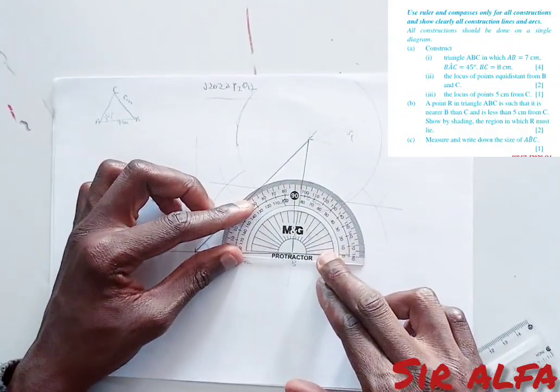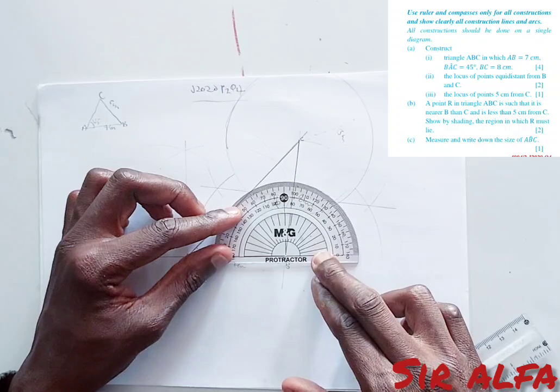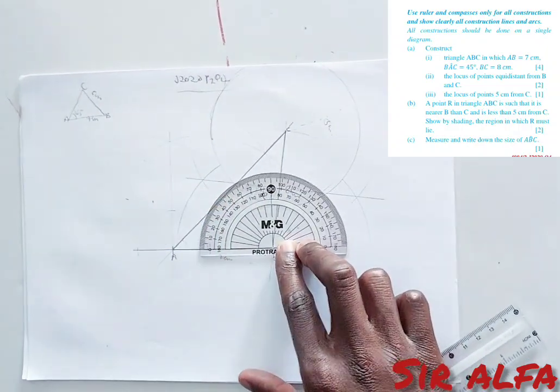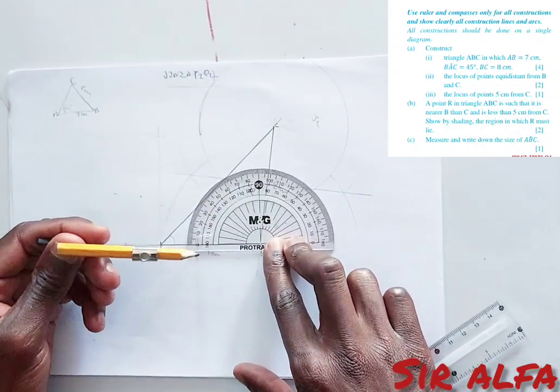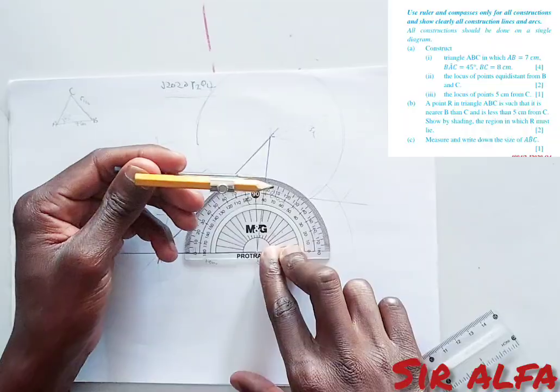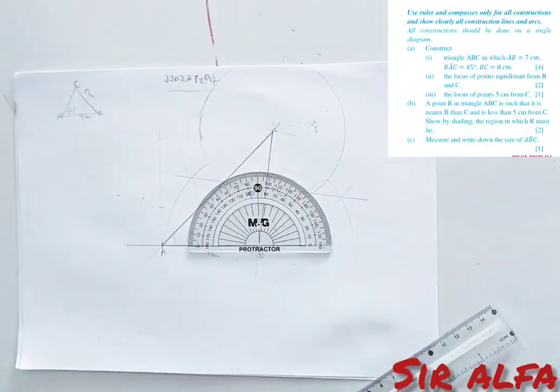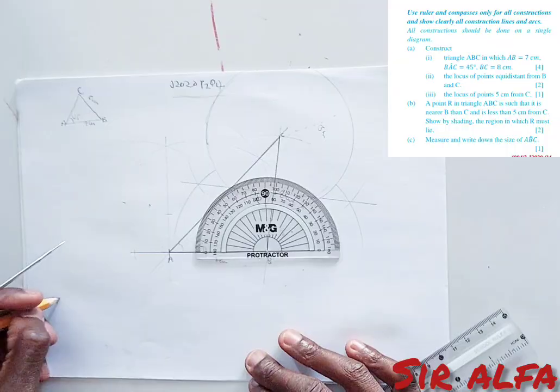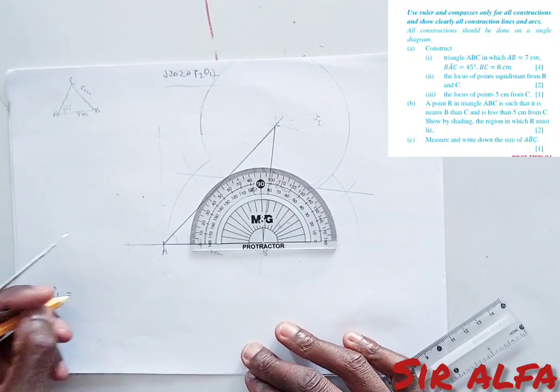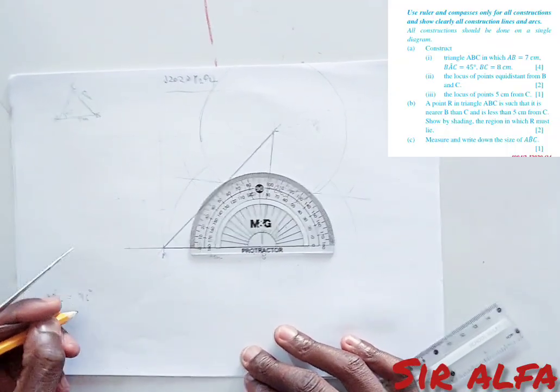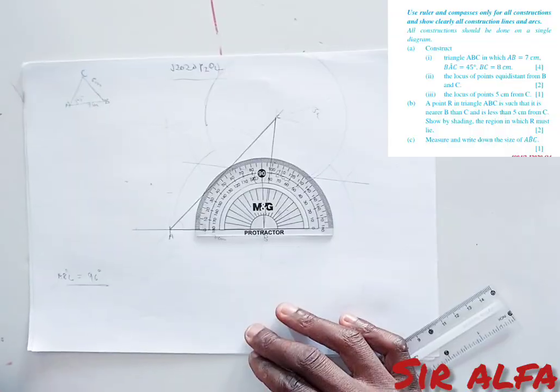Then you need to count from 0 until you reach this line. It's something like 95, 96, 97, 98. So you write angle ABC is equivalent to 96 degrees.